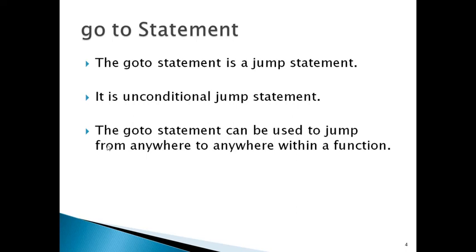Now we will discuss the goto statement. The goto statement is a jump statement. It directly jumps to the specified location without checking any condition. It is an unconditional jump statement.